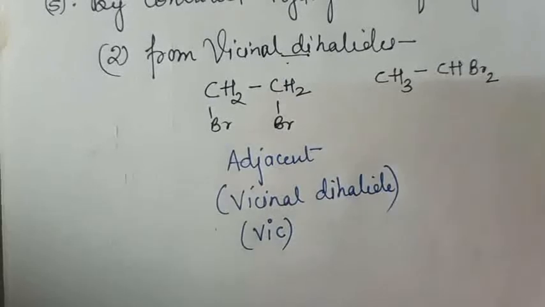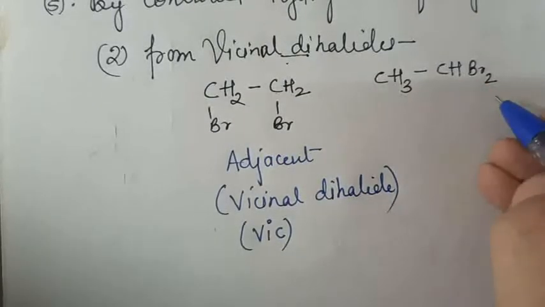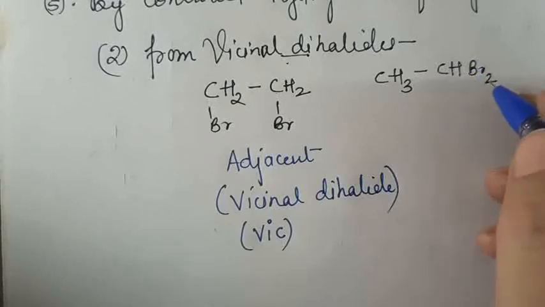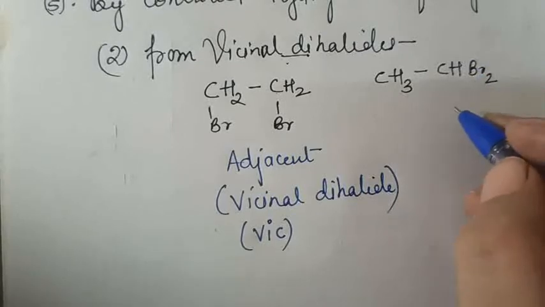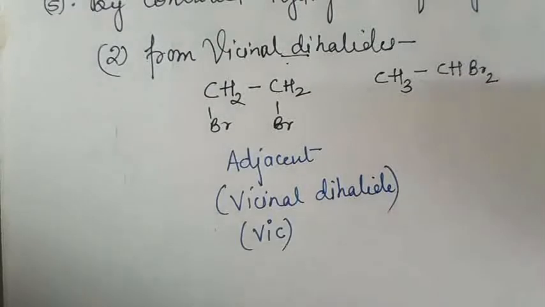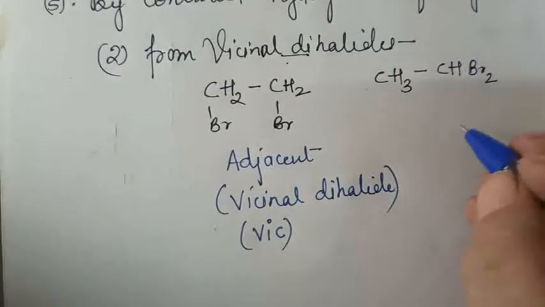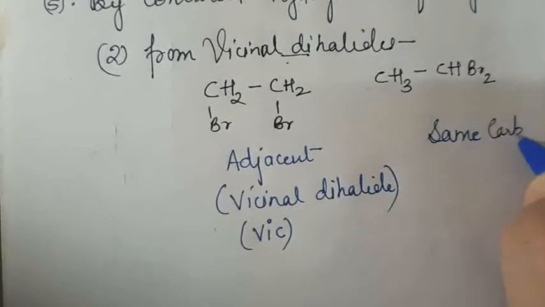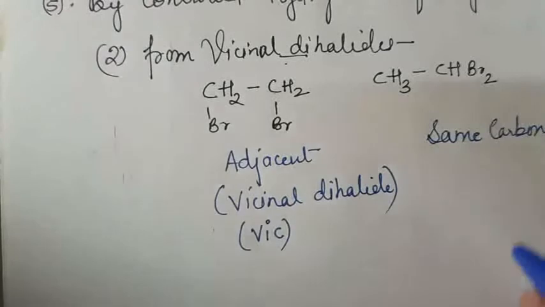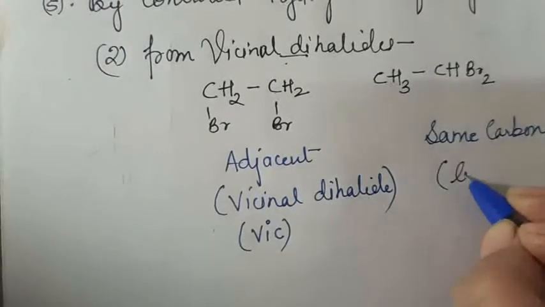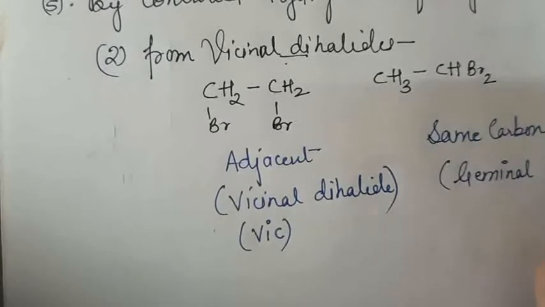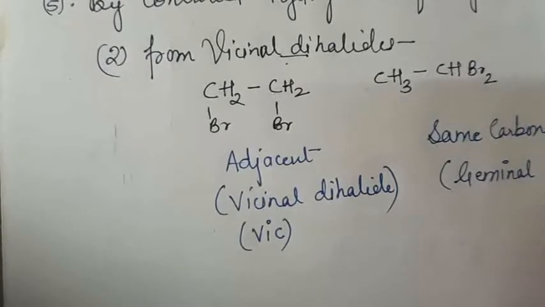On the other hand, if you see this molecule, that is your right hand side, both halogens are present on the same carbon. Same carbon. So this situation is called geminal dihalides.